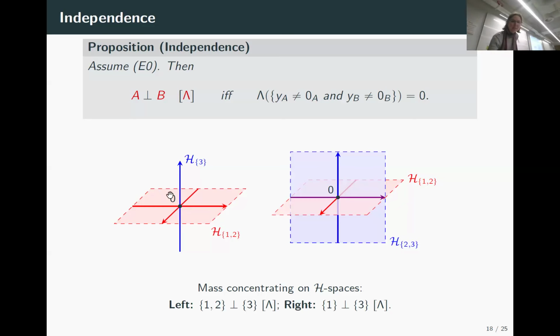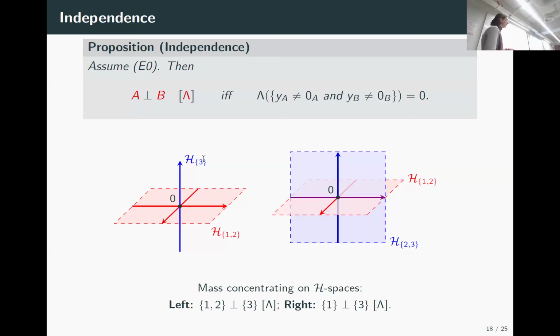Imagine we have this plane going through the 1 and 2 components, and the line going through the third component. If the mass of our measure is sitting exactly on these 2 spaces, then the 1 and 2 components are independent from the third component. This is exactly characterizing independence in this setting.